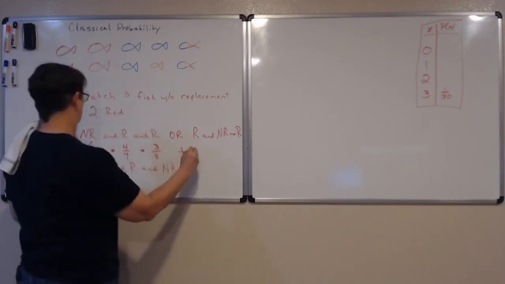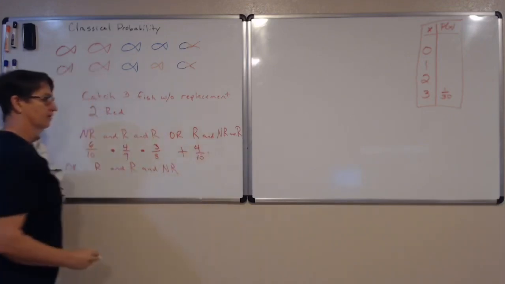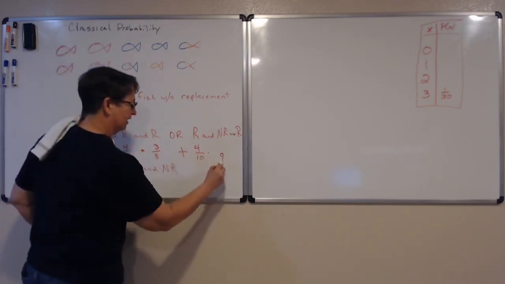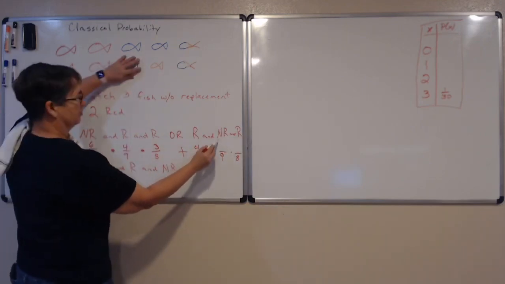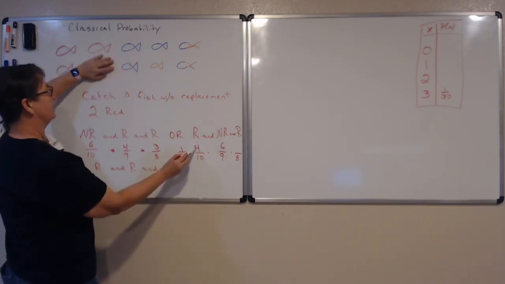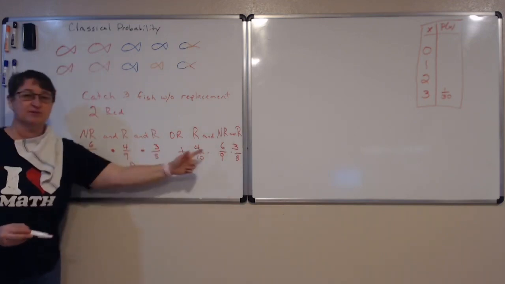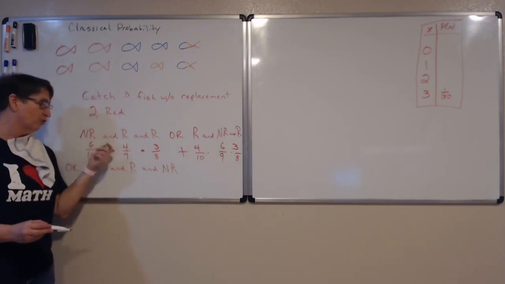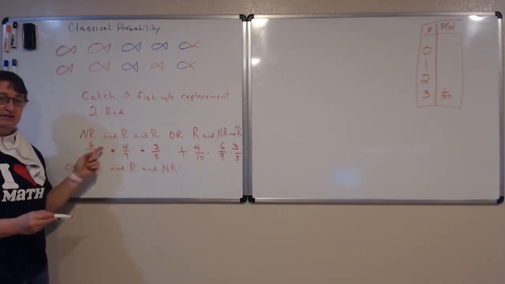Or red on the first one is 4 out of 10. Not red, well, I'm down to 9, and then I'm going to be down to 8, so I can go ahead and put those on there. Not red, there's still 6 of them, but one of the reds is gone because I took it out here, so I only have 3 left. Notice that this is the same as that. They look the same, the tops do, even though they're out of order, it's still the same probability in the end.